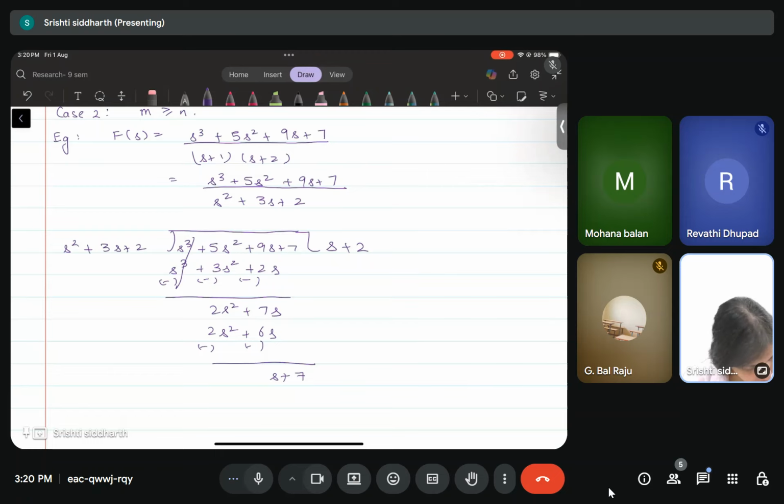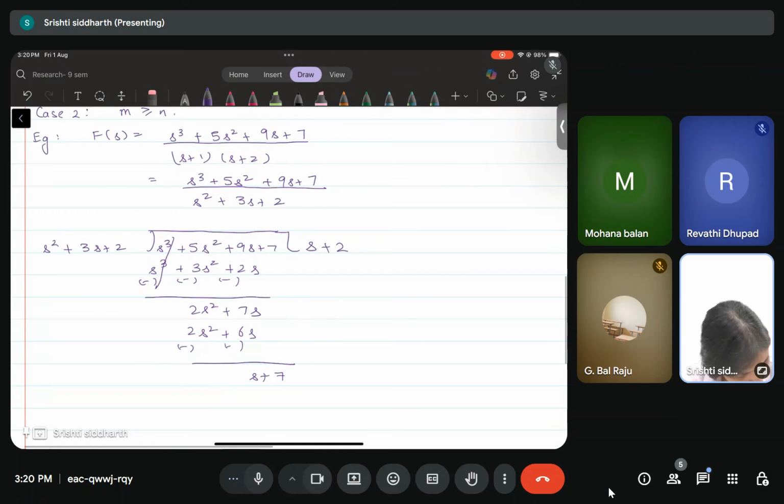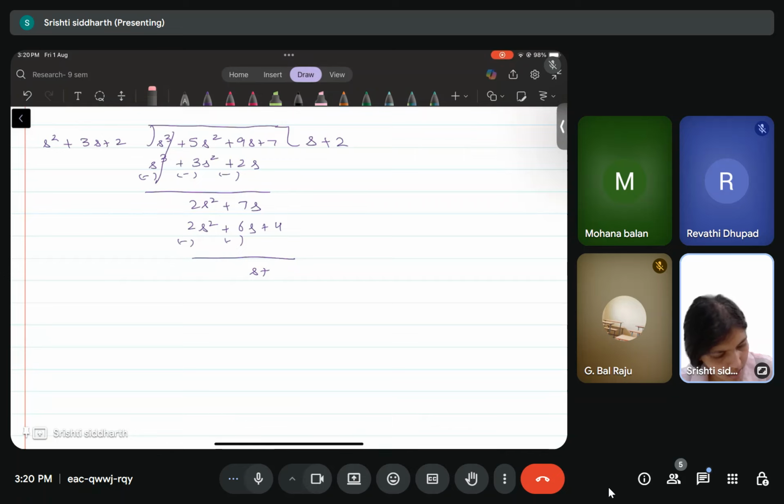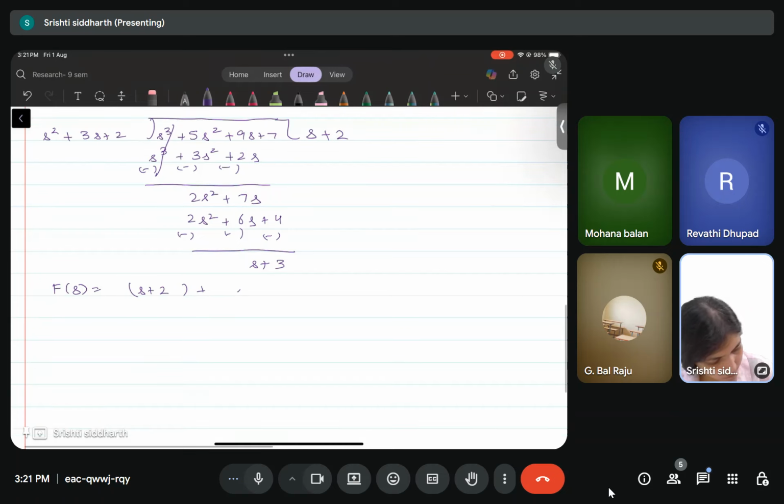Oh yes, so plus 4, and plus 3. Therefore, F(s) can be written as (s plus 2) plus (s plus 3) over (s square plus 3s plus 2).